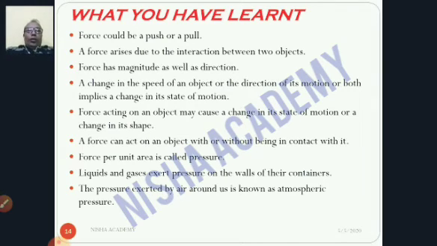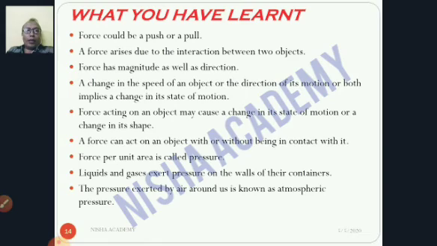A force arises due to the interaction between two objects. Force has magnitude as well as direction. A change in the speed of an object or the direction of its motion or both implies a change in its state of motion, and that is because of force.